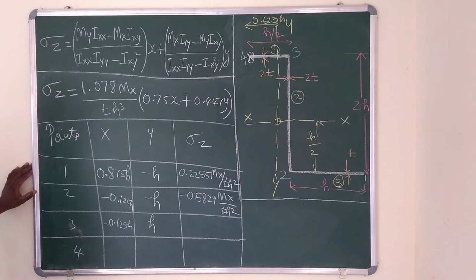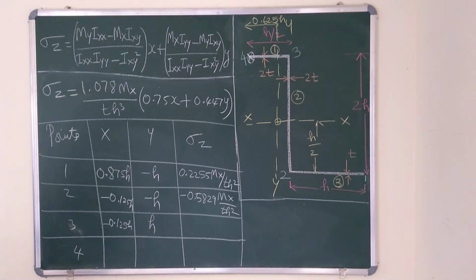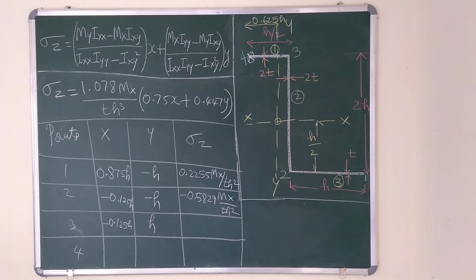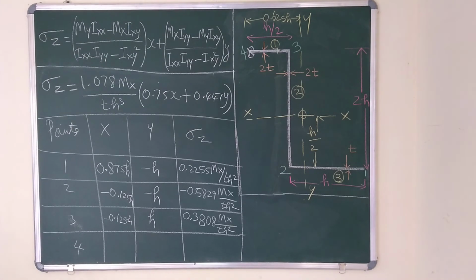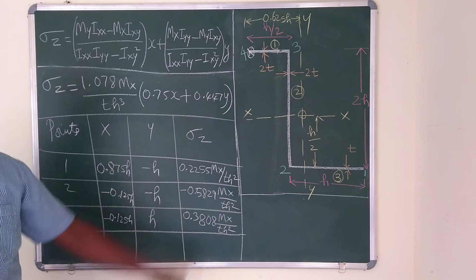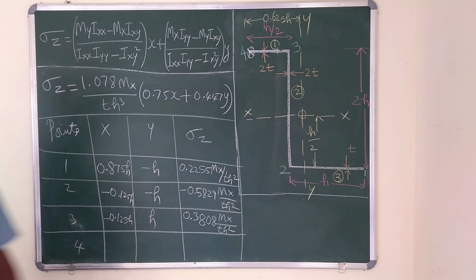Point 3 is in the second quadrant, where x is negative and y is positive, and you get plus 0.3808 Mx divided by th square.